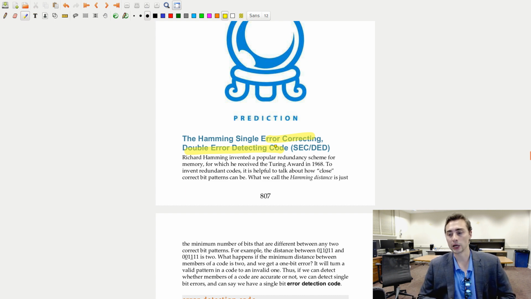If a bit flips, it's a good idea that we have a way to recover from that. If we didn't, consider the example of something in your machine. A bit flipping could be disastrous.